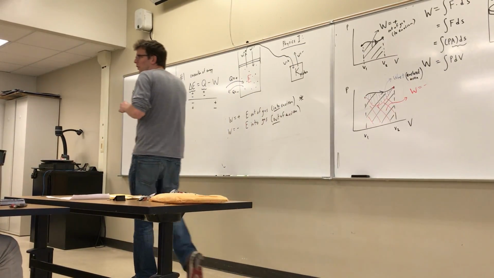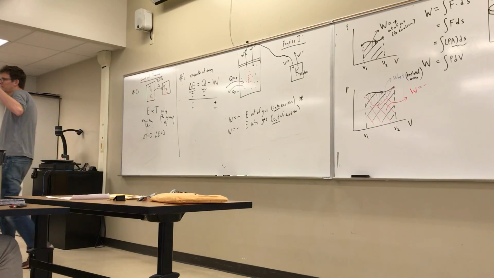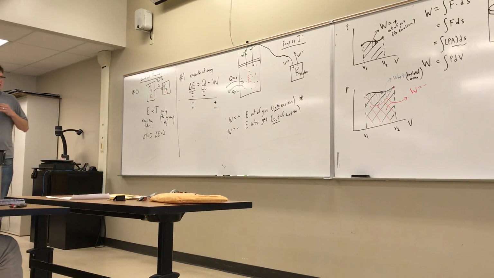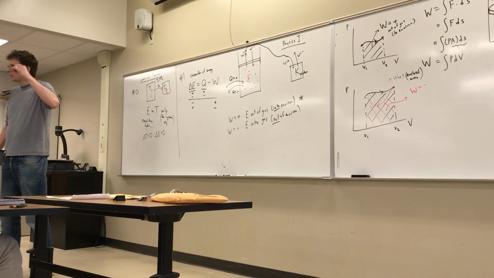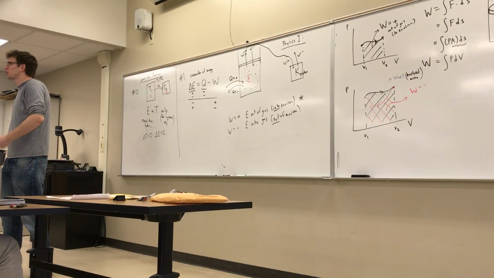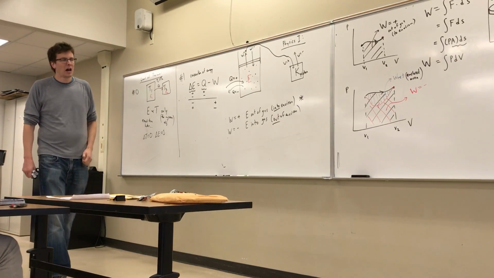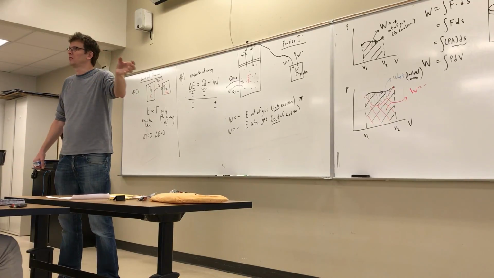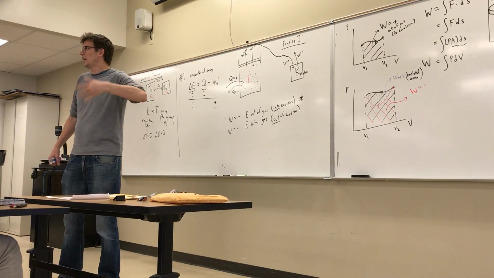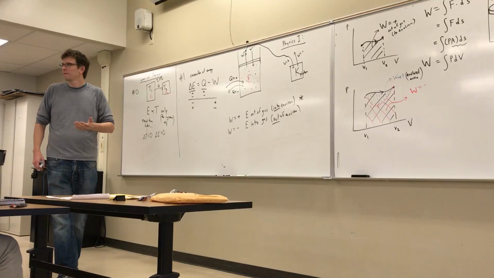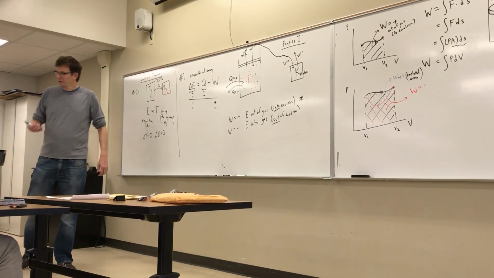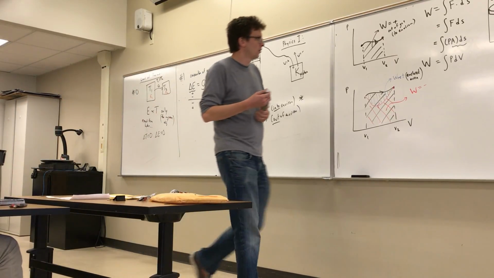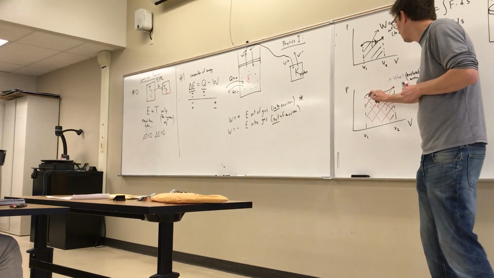We're going to have closed loops on a PV graph, and the enclosed area will give us how much work gets done overall. Basically, how much did the positive work exceed the negative work, or vice versa? So enclosed areas are going to be a big topic we're going to look at.